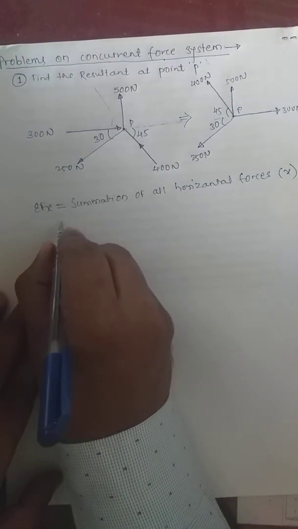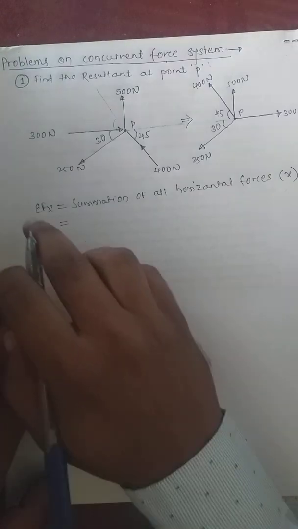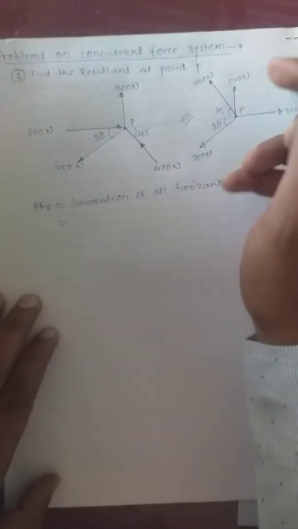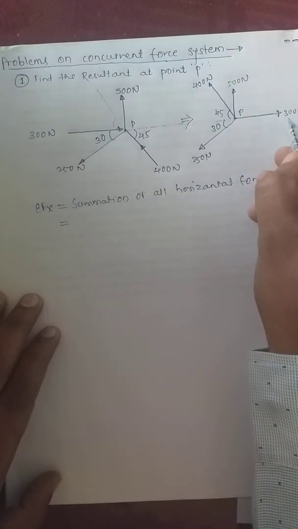Okay, so for the summation of F of x, how can we resolve the force along x and along y? We just have to find its magnitude and angle with respect to the x-axis. Now we'll start from 300.